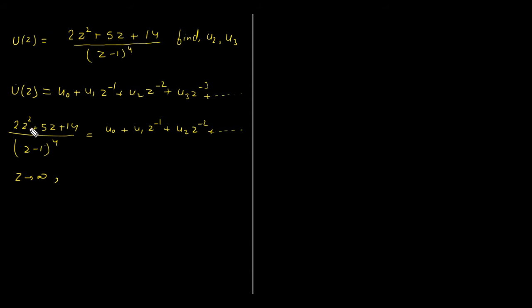Then numerator power 2, denominator power 4, it will be 0, and all this u1, u2, u3 terms will become 0 because numerator power 0, denominator power 1, so it will be u0 will be 0. So just put the value of u0 in the main equation, so we can say this term will be 0.